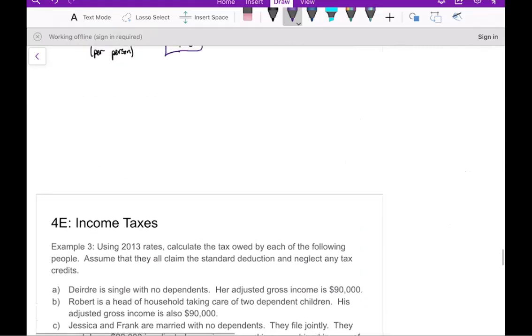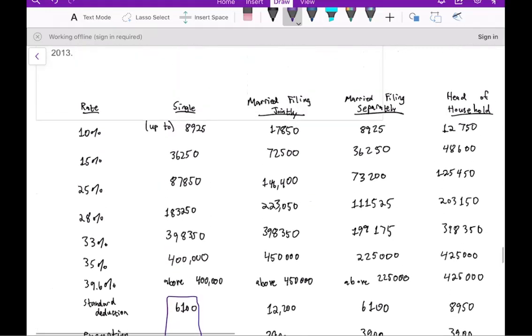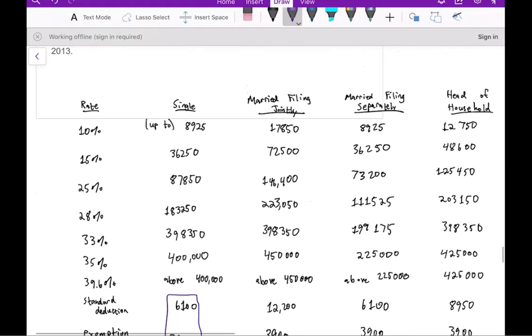All right, so now we can go to our table here. All of these categories are up to, right? So for example, if you look at this first rate, this applies for all single people that have a taxable income of up to $8,925. So we need to find up to $80,000.